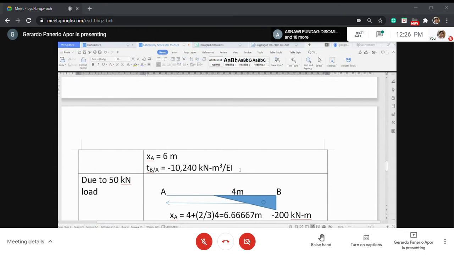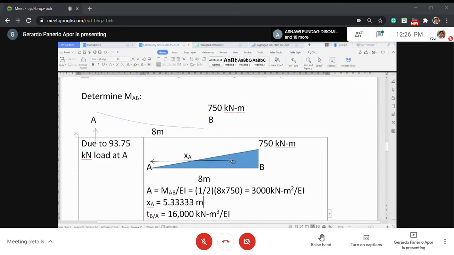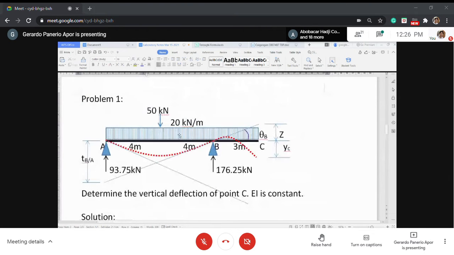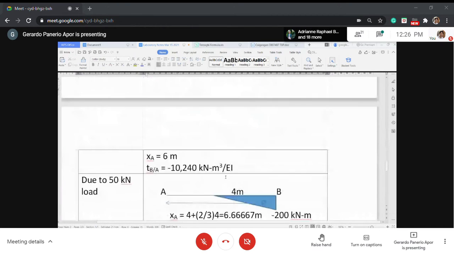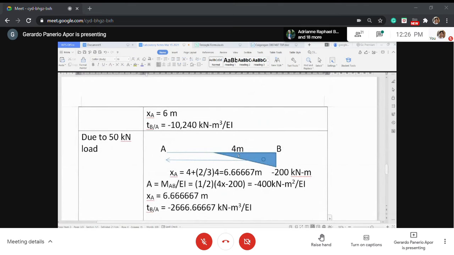The third load is the 50 kilonewton load here, which is applied in the middle of AB. So the moment starts at that point. The maximum moment is negative 200 kilonewton meter, and the distance from the center of gravity of that moment diagram with respect to A is 6.6667.